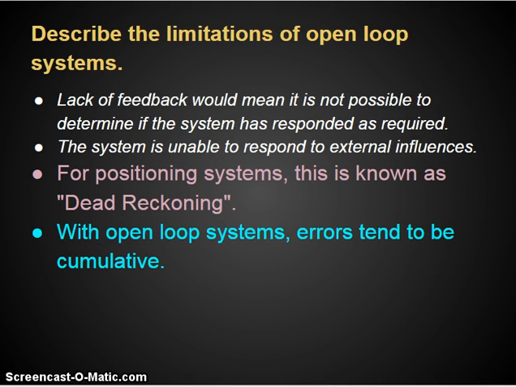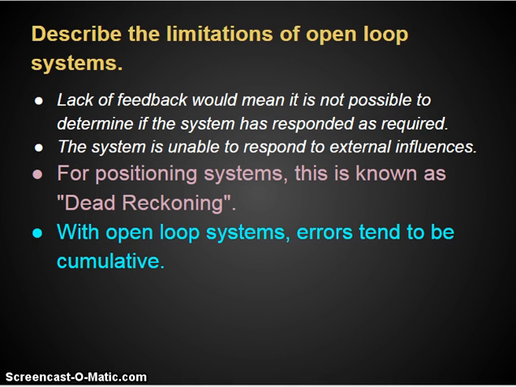All of these will create errors, and with a purely open loop control system, the errors tend to be cumulative. That is, if it's driving slightly off to the right, let's say you have several commands for a dead reckoning skid steer system. Drive forward for 1 second, turn to the right for 1 second, drive forward for 1 second.